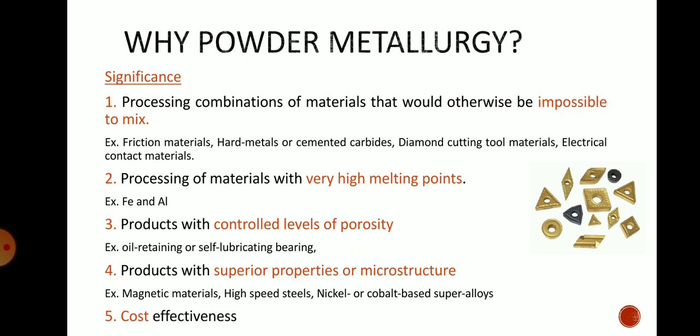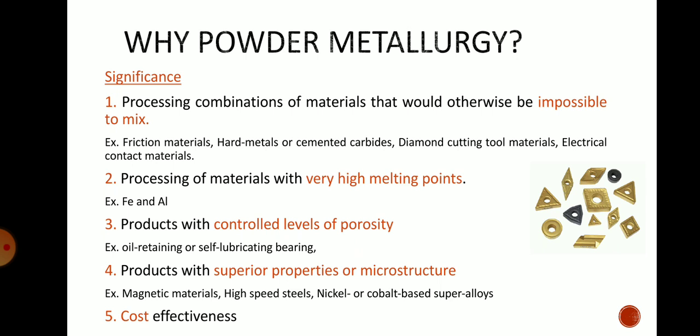Next, products with a controlled level of porosity. By using powder metallurgy we can get products having some amount of porosity. In some applications, such as oil retaining or self-lubricating bearings, we require continuous lubrication of the bearing by itself whenever the oil is reduced by continuous friction.